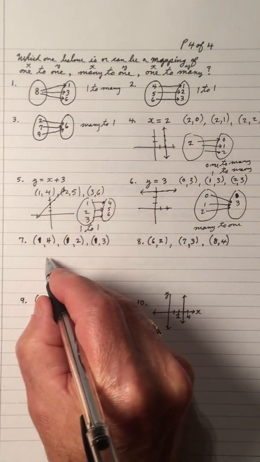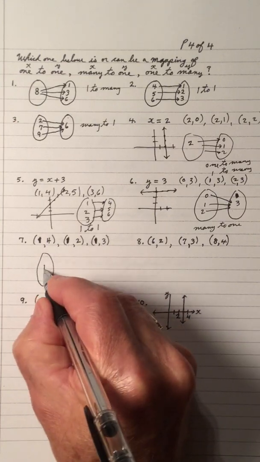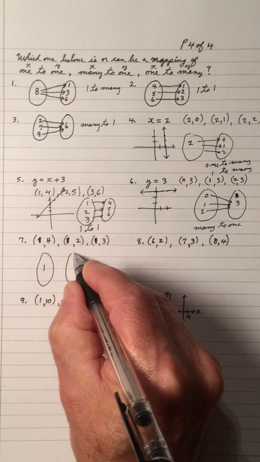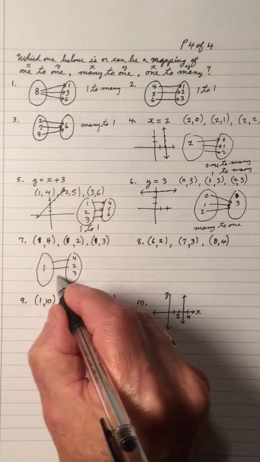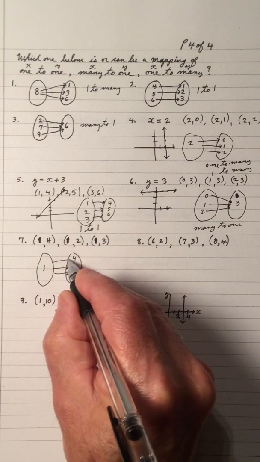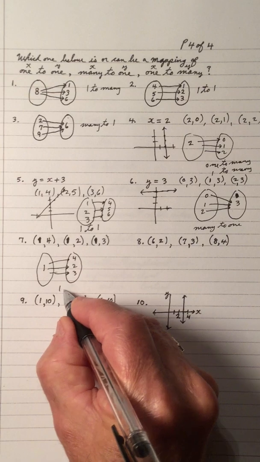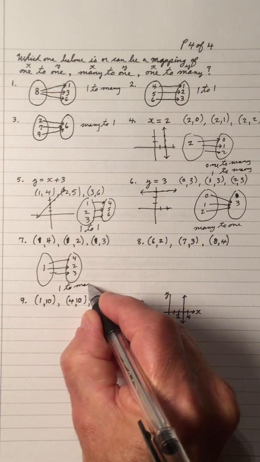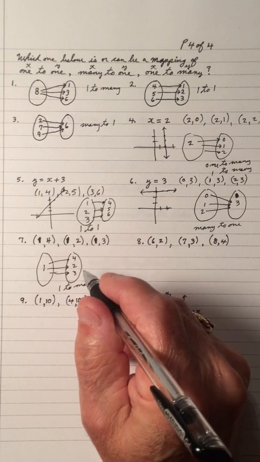Okay. So what we have here is a 1, 1, 1. There's a 1 there. And we have a 4, a 2, and a 3. So you think about it. Put arrowheads there. So that looks like it's 1 to many. And 1 to many means 1 x to many y's.